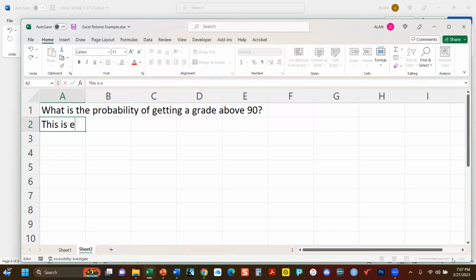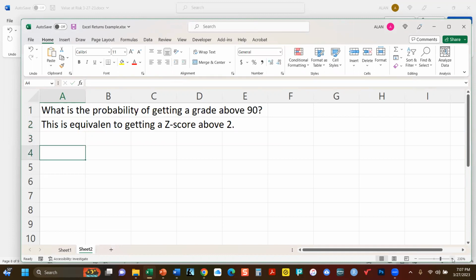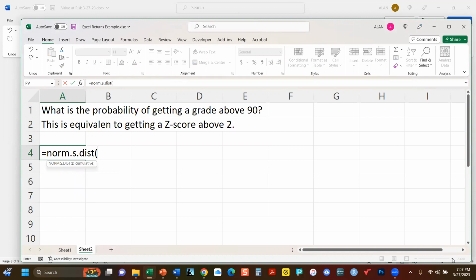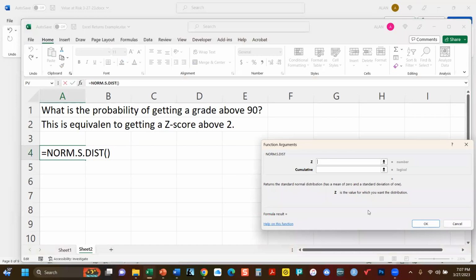This is equivalent to getting a z-score above 2. So here's how it works with Excel. The function you need is called NORM.S.DIST. Now, in order to use this, you need to do 2 things. Z is 2. Cumulative, always put a 1 here for cumulative. That means less than or equal to.